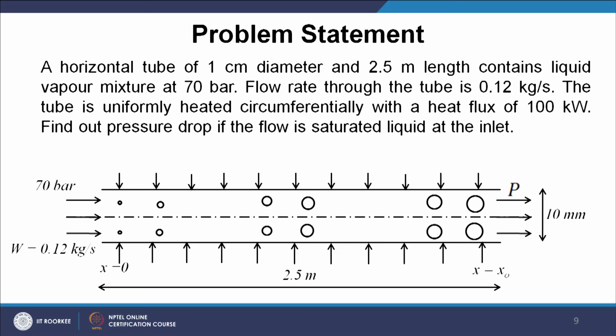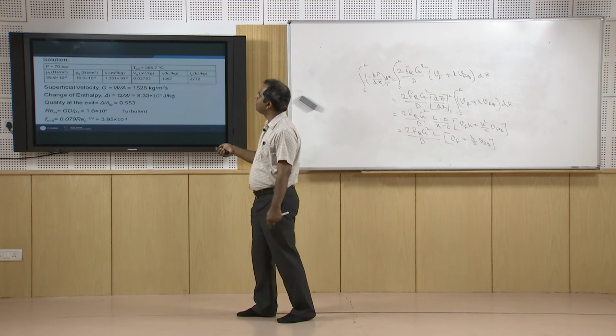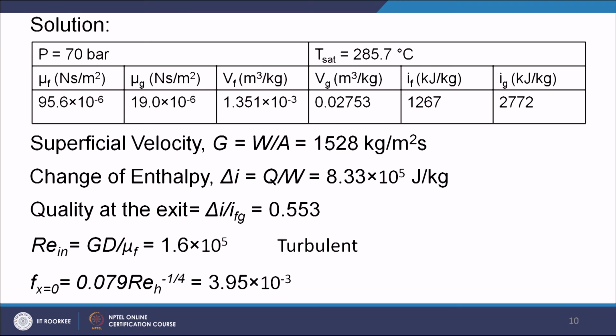First, let us find out the properties at pressure equal to 70 bar. We can find out from the steam table that T sat equals 285.7 degrees centigrade, mu f comes out to be 95.6 into 10 to the power minus 6, mu g is 19 into 10 to the power minus 6, Vf is 1.351 into 10 to the power minus 3, Vg is 0.002753, and enthalpy is 1267 kilojoule per kg for liquid, and for gas 2772 kilojoule per kg.